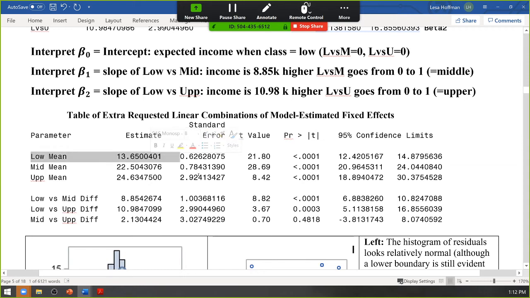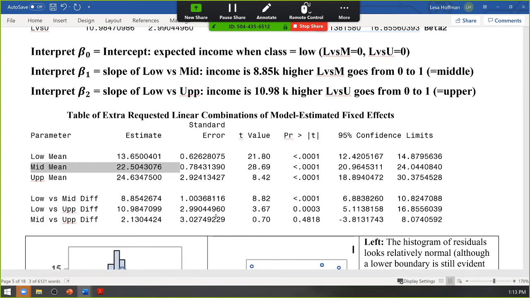Low group mean is 13. We already knew that. That's beta 0 directly. We knew that the middle group was 8.85 higher than the 13. That's the middle group mean right here. Now I could take 13 and add 8.8 to it myself and get this 22, but what I couldn't get as easily is its standard error.